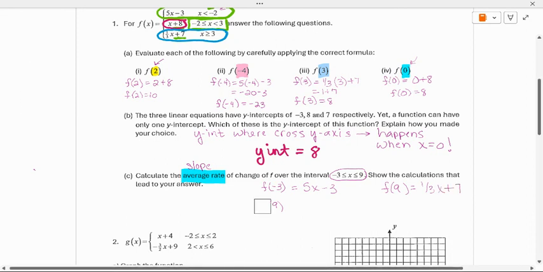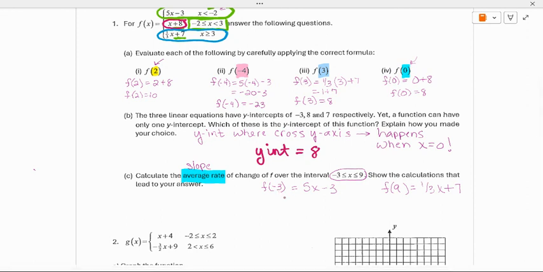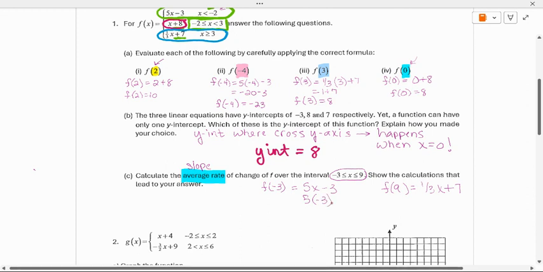So let's go ahead and evaluate those functions. So when I let x equal -3, I have 5 times -3 minus 3, which is a -15 minus 3, which is -18. So x and f of x. I'm going to make a little table here.